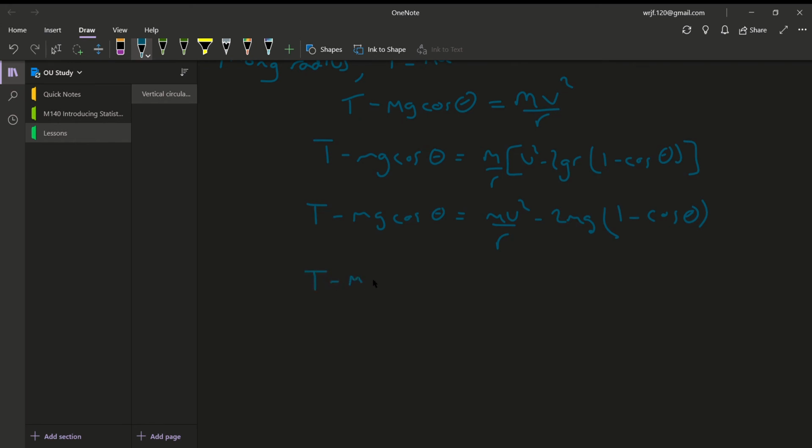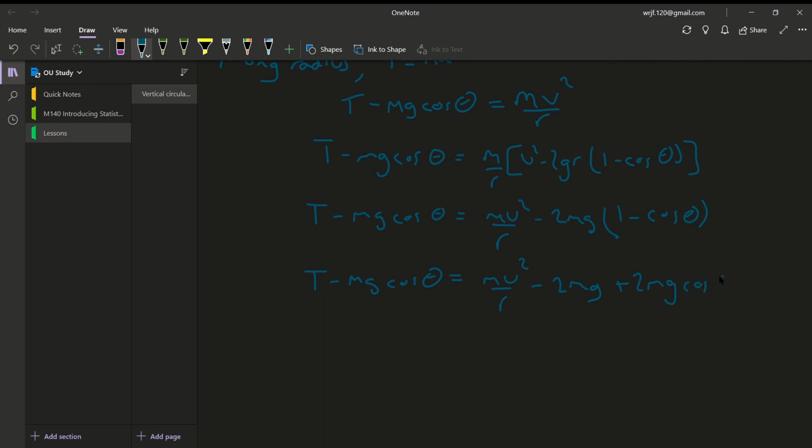A bit more tidying up here. Sorry about the messy writing. So just expanding that bracket now gives us a minus 2mg and a plus 2mg cos theta.